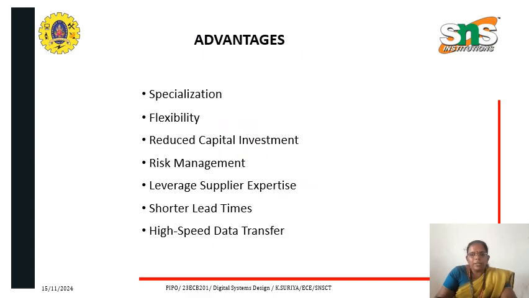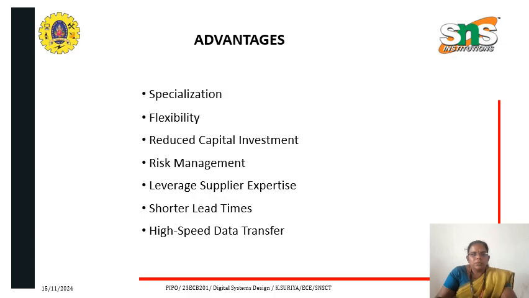So these are the few advantages of parallel in parallel out shift register. So it's used in specialization, where the business concerns itself with its core competencies, while the specialized tasks are hived off to suppliers. It has a good flexibility. It has a facility for scalable production without heavy investments in resources, and it has a reduced capital investment.